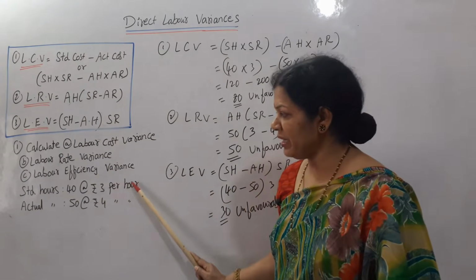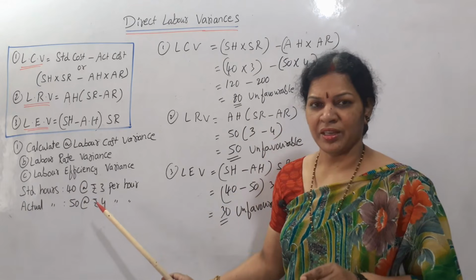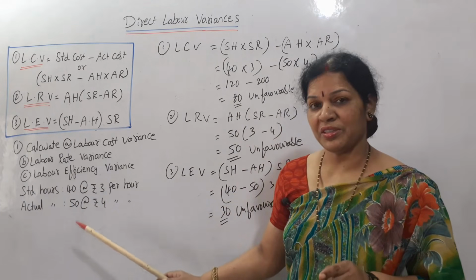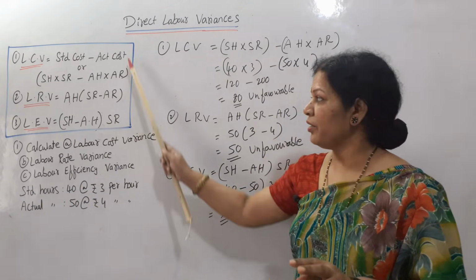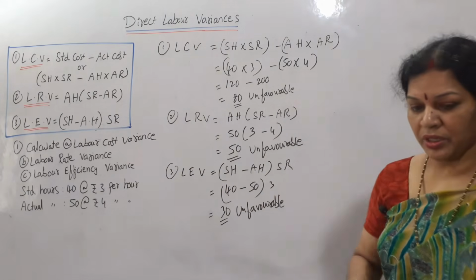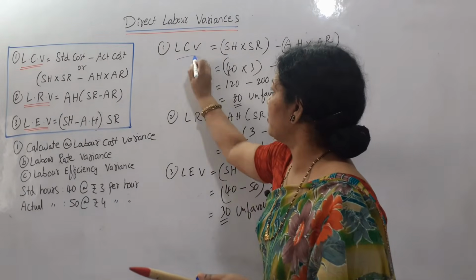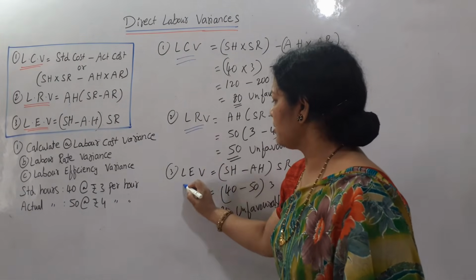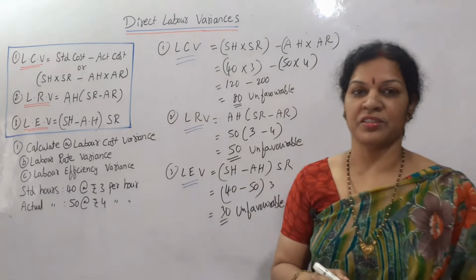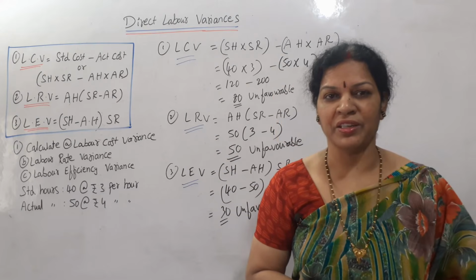In this problem, mainly this is the data required: standard hours, standard rate, actual hours, actual rate. And formulas we have to use. As per the formulas, we calculated labor cost variance, labor rate variance, labor efficiency variance. In the coming classes, we'll see some more variances.